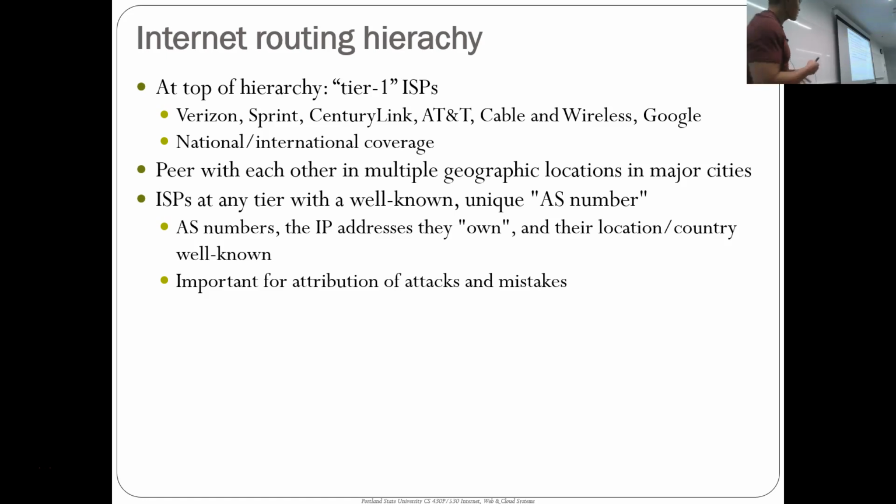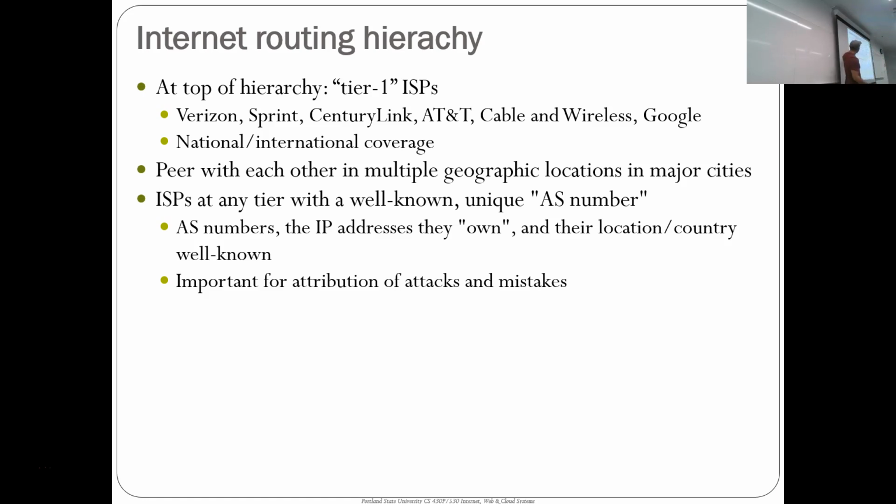Okay, so at the top of this hierarchy are what we call Tier 1 ISPs, and these are the names of the world that you would recognize. These folks are running Tier 1 networks where they have presences in every part of the globe. So that's what we consider Tier 1. It has national and international coverage.